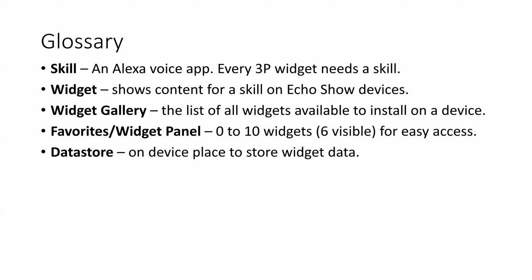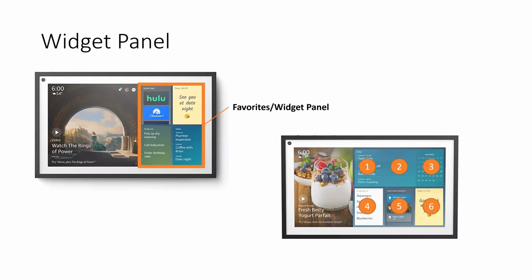On the Echo Show 15, up to 6 are visible all the time, and you can swipe to see the other ones. It's just for easy access to your widgets. And then there's a data store on the device where widget data is stored, and that's how the content gets refreshed.